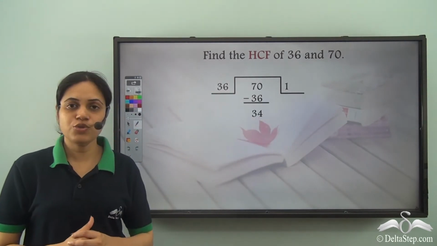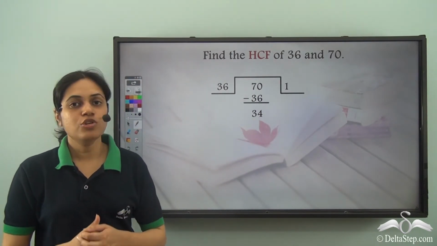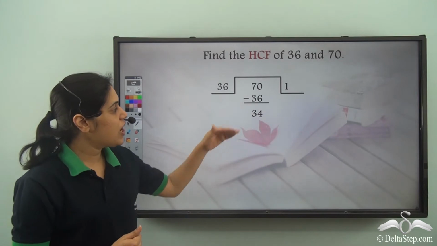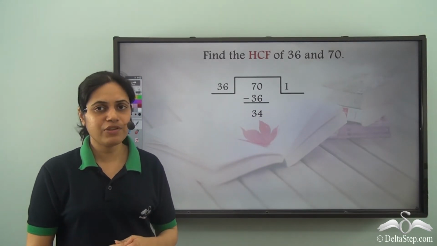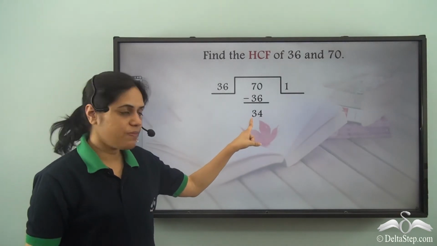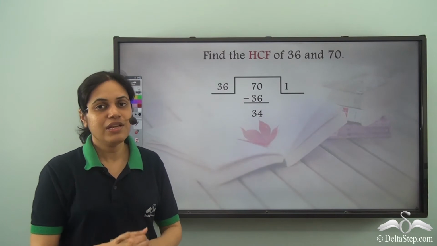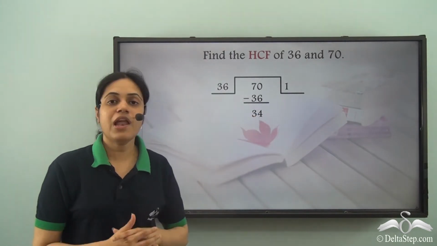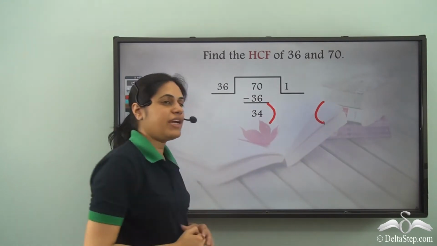Now what do we need to do? I have got a remainder 34. So in long division method, I need to divide further. But what do I divide with what? So this remainder, which is 34, now becomes the divisor. But what will it divide?